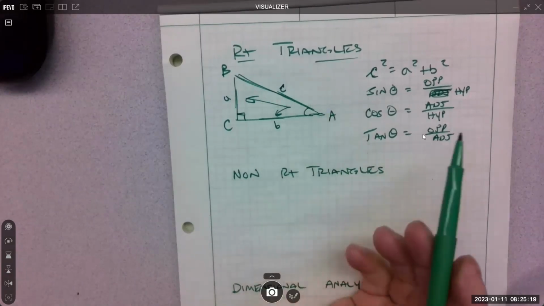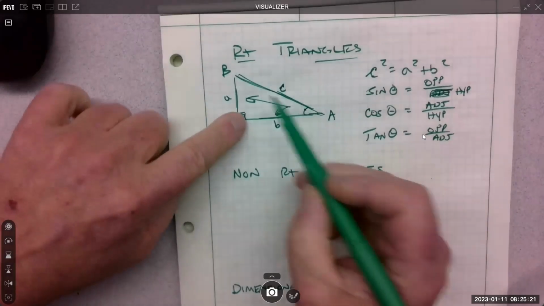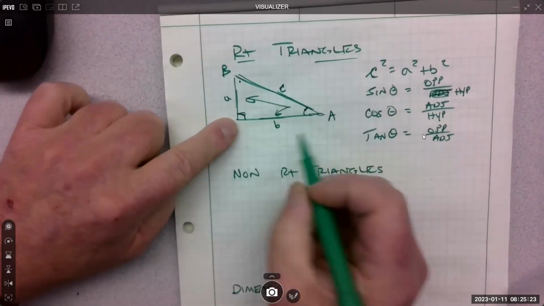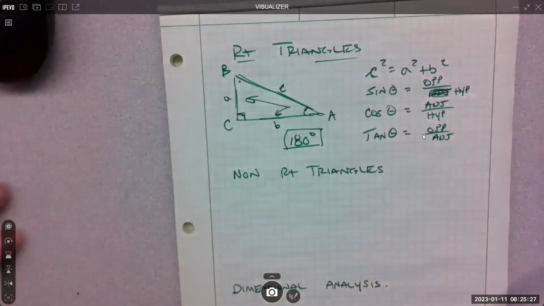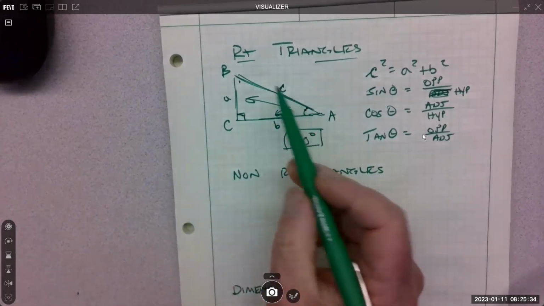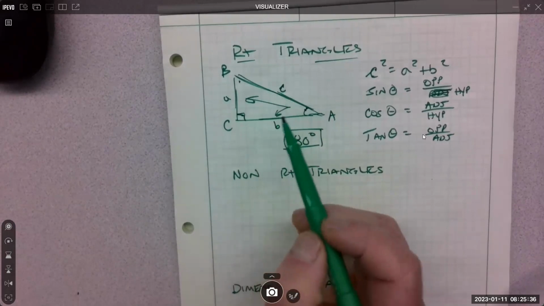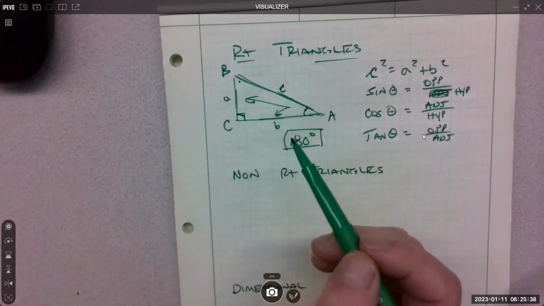The really easy one. Interior angles. 180 degrees. Okay, that's it. Those are the tools you got. If you have enough information, if you have two things of this triangle, you can solve it out completely.